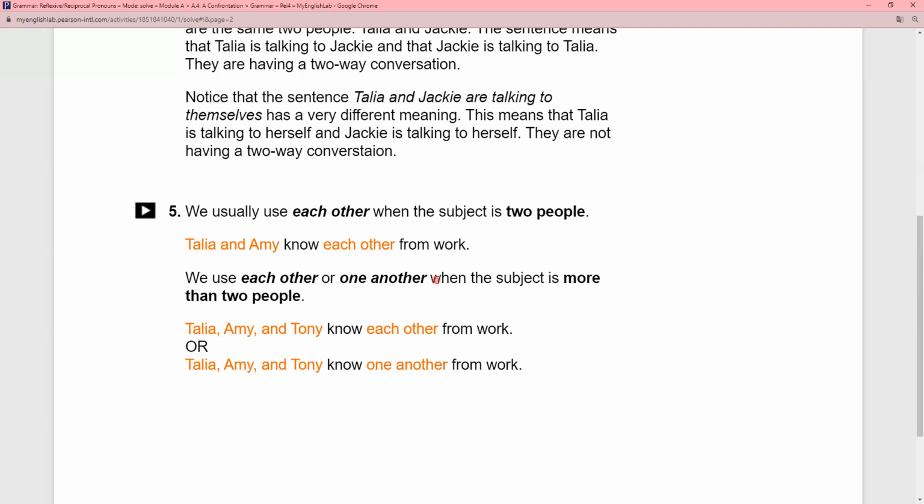Talia, me, and Tony know each other. They know one another from work. Okay, so that's the difference, because the meaning is the same but the context is different, right? Each other is when the subject is two people, and one another when the subject is more than two people. Okay, so that will be everything.